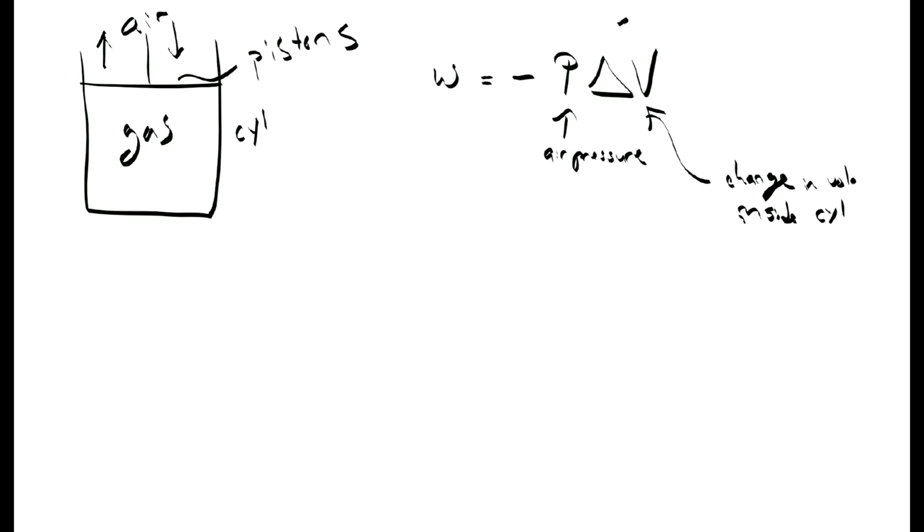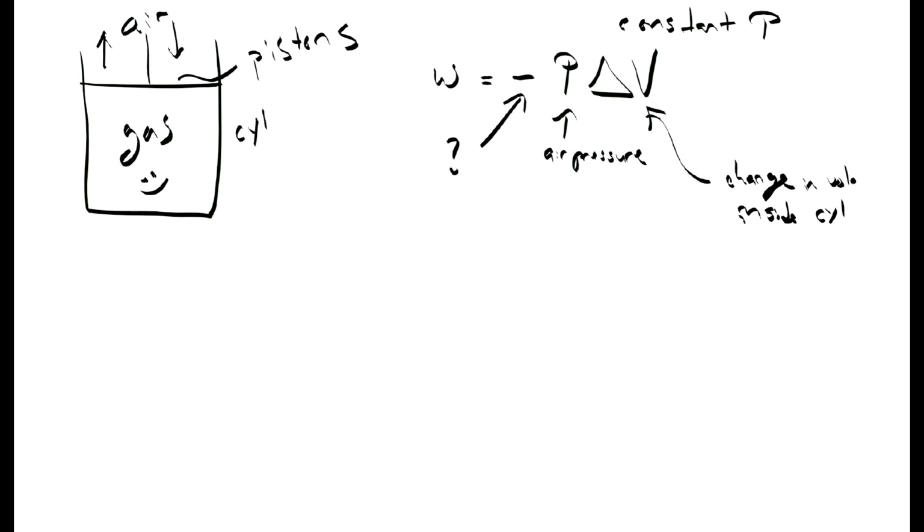This is constant pressure, and that pressure is the air pressure outside the cylinder. Now, why the negative sign? Simply put, it's because of the way we're talking about change in volume and the fact that we care about inside the cylinder far more than outside the cylinder.